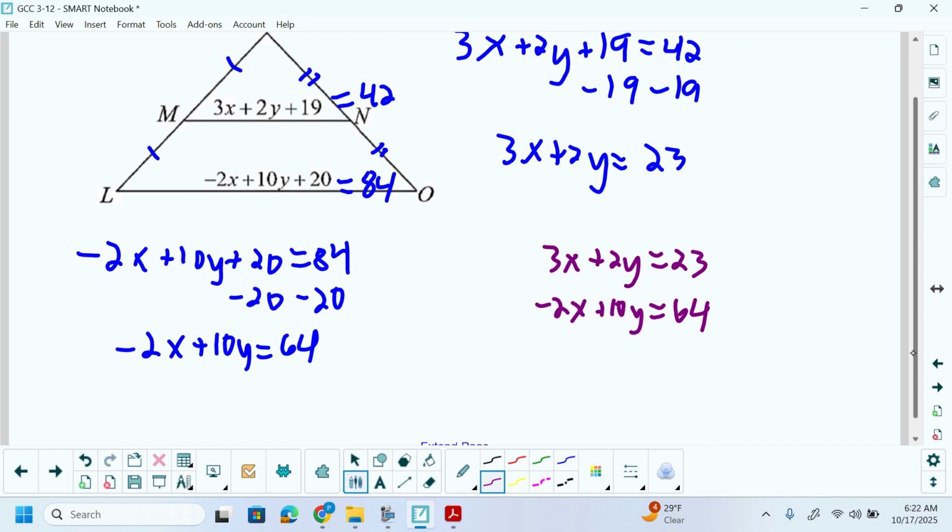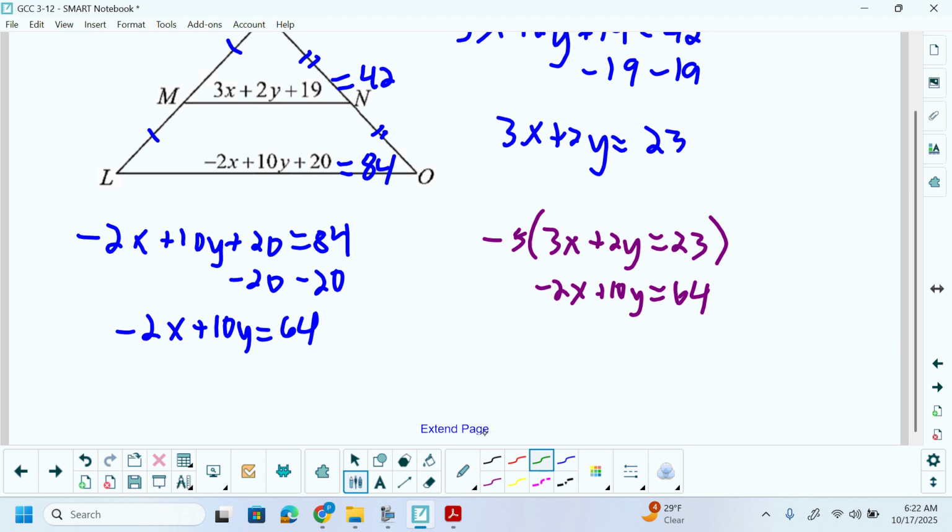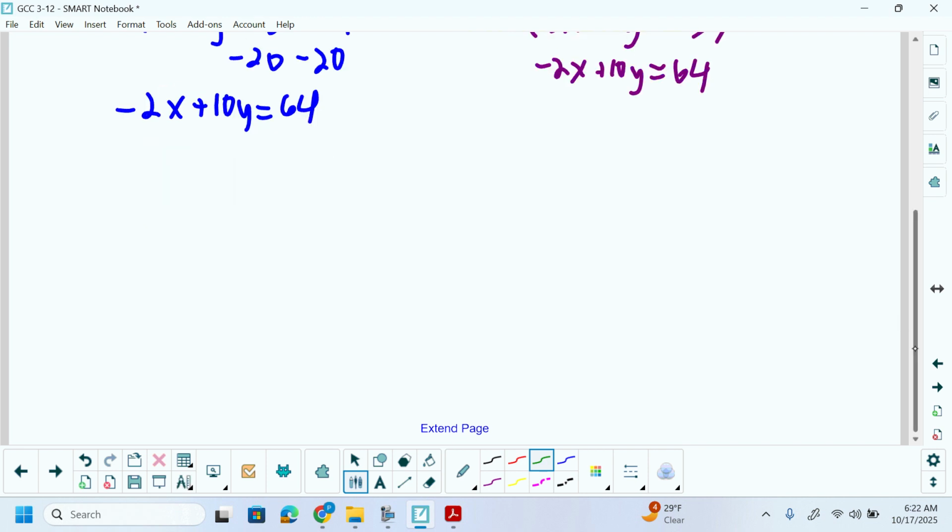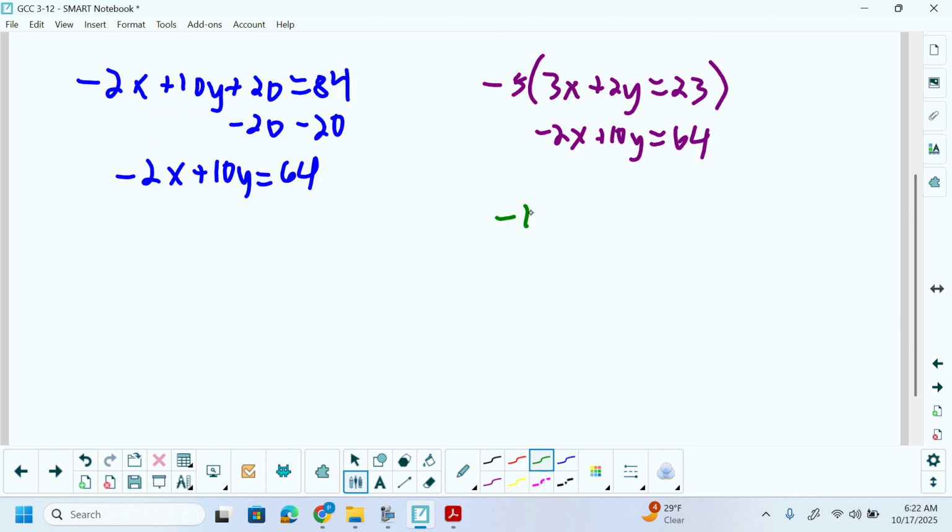And I'm maybe going to get the y's to match up. We've already got a 10y, so I'm going to multiply the top equation by negative 5 because we want same number but different signs. So we'll have negative 15x minus 10y equals negative 115. And we'll copy down the rest.